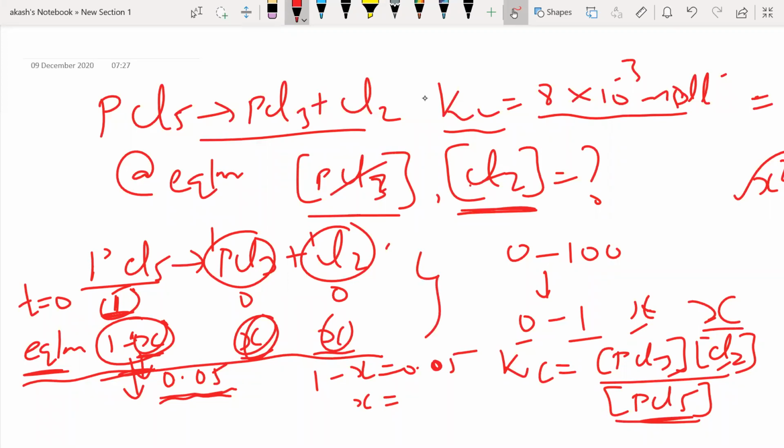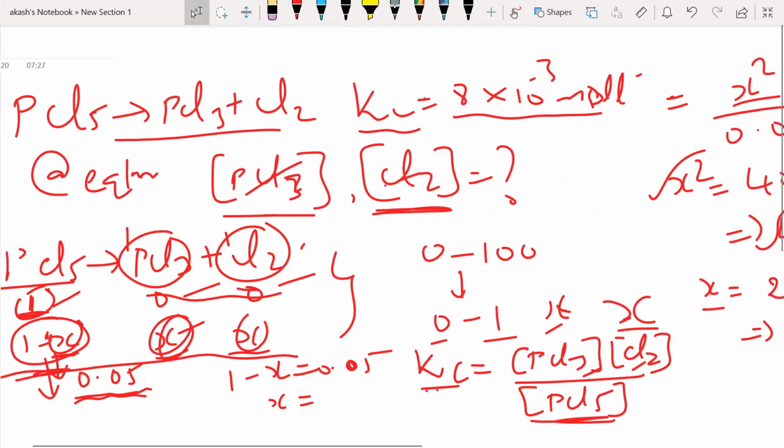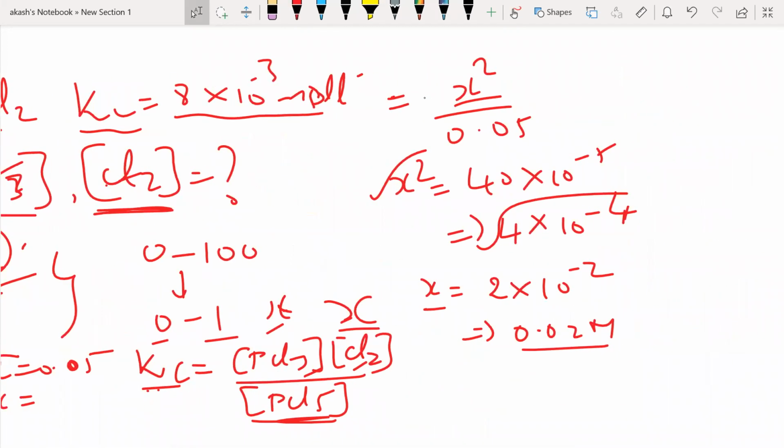So we drew the equilibrium table, initially 1, 0, 0, and then at equilibrium 1 minus x, x and x, because you can see from the stoichiometry. Then I just go for the Kc equation, substitute the values and get x, and that's the required answer. I can show you that also. Yeah, this is what we did. Okay, I hope everybody would have understood. We'll go to the next question.